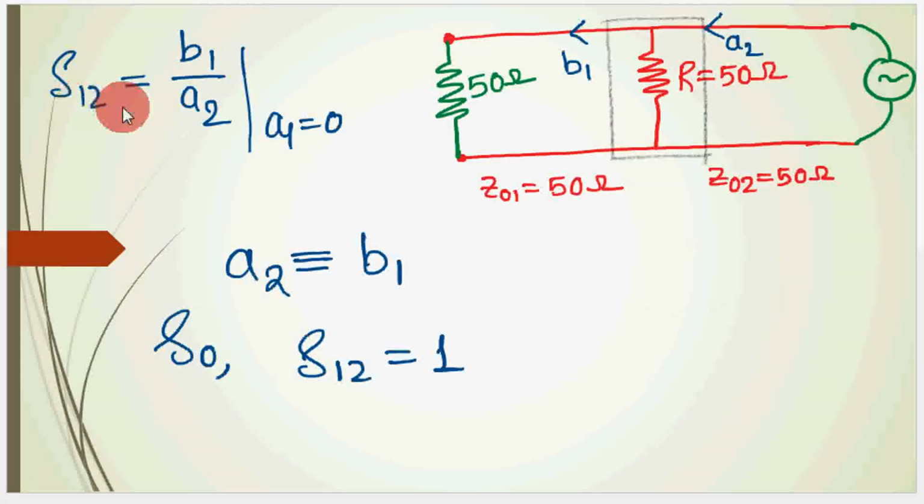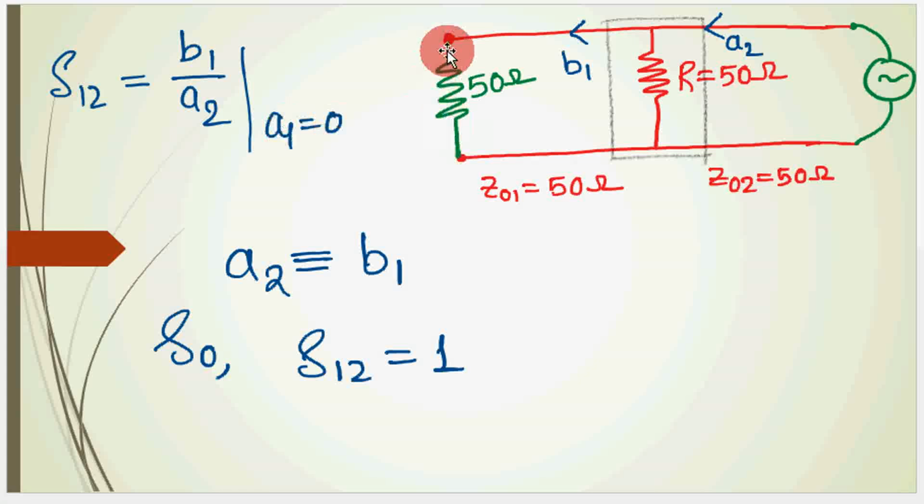Now what is S12? This is B1 by A2. B1 is the reflected wave in port 1, and A2 is the incident wave at port 2. It is clear from this circuit that A2 equals B1. That means the RMS value of the voltage over here, B1, equals A2, because we have made A1 equal to 0.